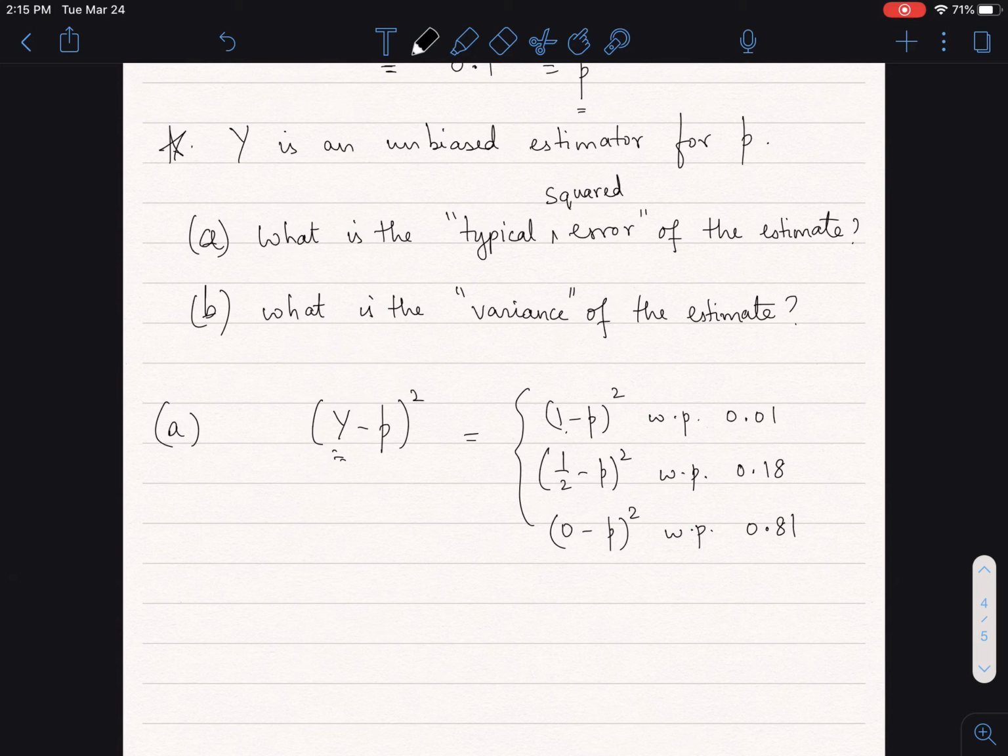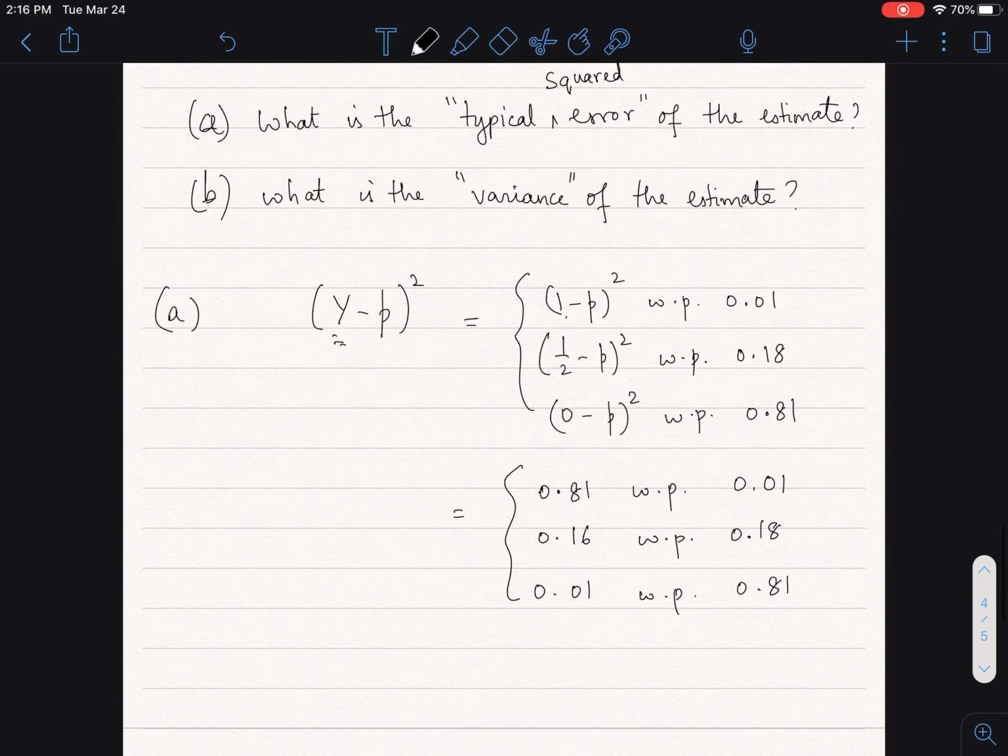Okay, and you can plug in p equals 0.1, and this simplifies to basically 0.9 squared, so this is 0.81 with probability 0.01. This is 0.5, these numbers don't really matter, and 0.01 with probability 0.81.